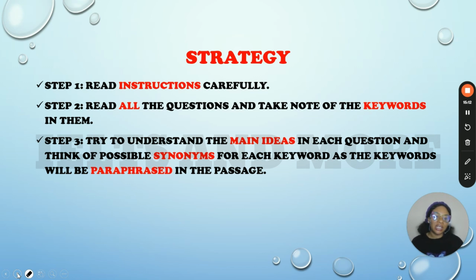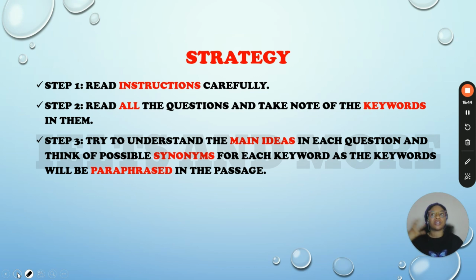And while underlining those keywords, as quickly as you can, also think of some, probably the most common, synonyms of those words. Synonyms are words that have similar meanings. Okay? So purchase and buy mean the same thing, so they are synonyms. So as you're reading, you're taking note of these keywords and also thinking about their synonyms.